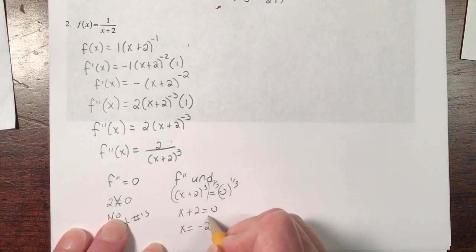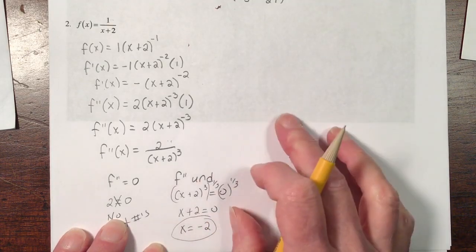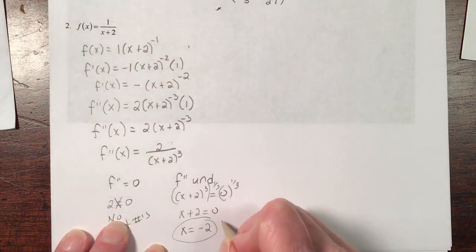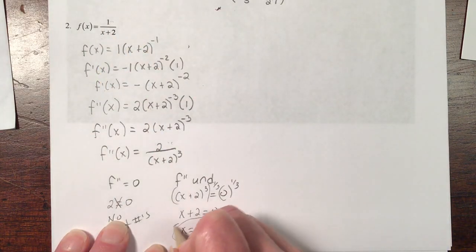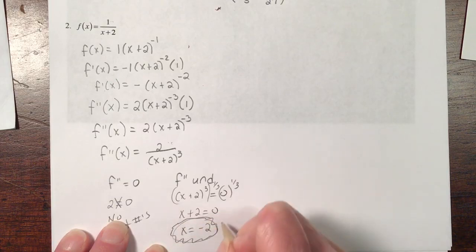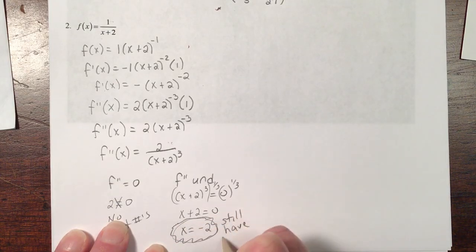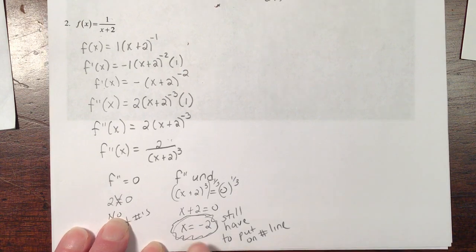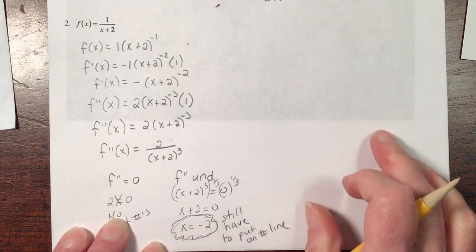But if we look at this and we plug it back into the original, it's undefined in the original. So remember, technically, this is not a test number, but we still have to test it. It just can't be a point. Okay, we're still going to put it on our number line, and we're going to use this number to help us determine what's going on.